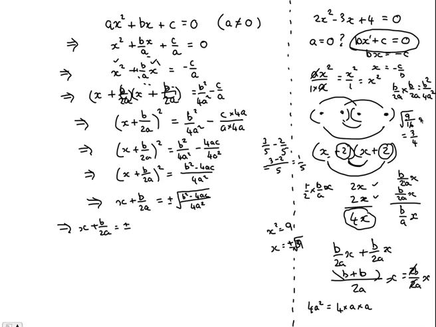So you are allowed to take the square root of the top line and the square root of the bottom line. And let's do that here. Square root of the top line, that's the square root of b squared minus 4ac. And the square root of the bottom line, what's the square root of 4a squared? Well, 2a times 2a gives you 4a squared, so the square root of 4a squared will be 2a.